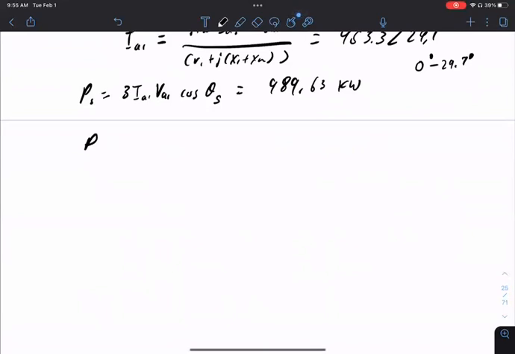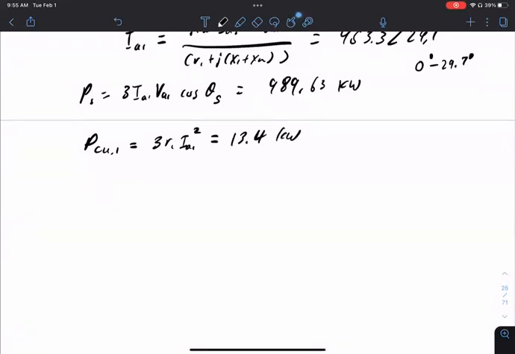So let's compute the losses. We can compute the loss, the slip power, and the injected power. So we're computing everything. Copper loss in 1 is 3R1 IA1 squared, which is 13.4 kilowatts.